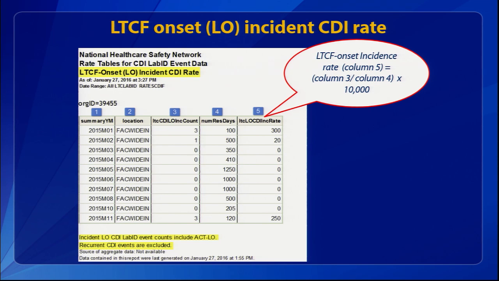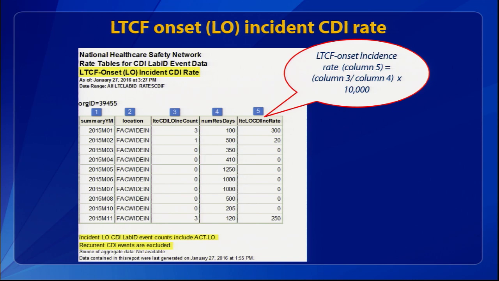If you remember from previously, Angela mentioned that facility-wide data is what is entered for lab ID events. Column 3 shows us the incident long-term care onset CDI case count for that month, based on the CDI events submitted for that month. Column 4 is the number of resident days, the total resident days for that month, and that is what you submitted in the monthly summary or denominator report that you filled out.